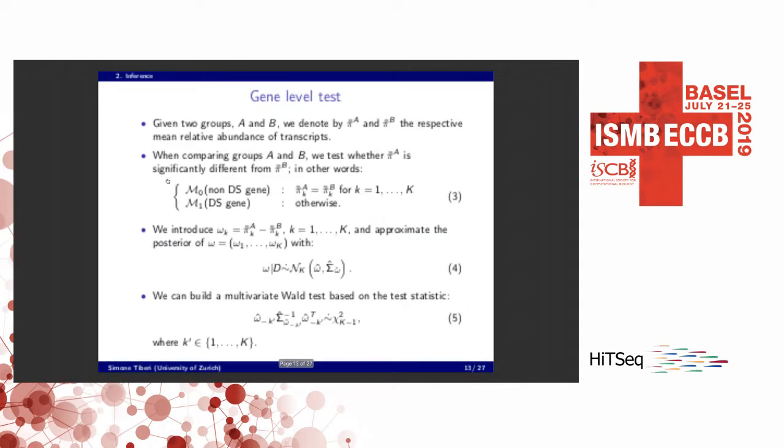When we want to test this system of hypotheses, we tried several things. Bayes factor was one of them, but the problem is that the Bayes factor or the posterior probability for model 0 and 1 are not very stable, because they were heavily influenced by the highest value of the likelihood.